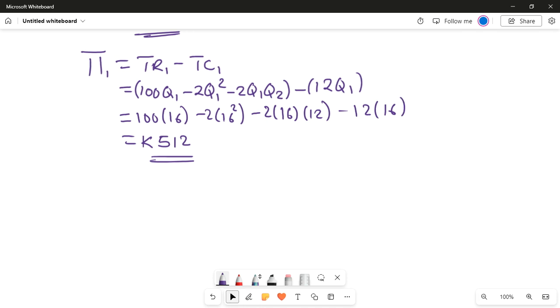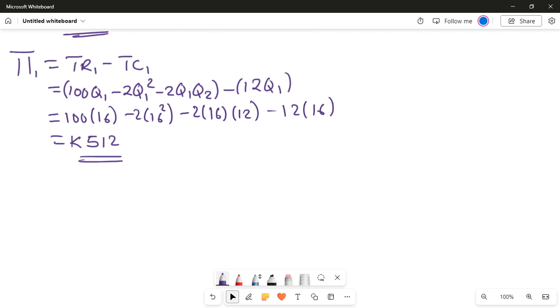Next is to get profit for firm number 2. So profit for firm number 2 is the same thing. It's the total revenue of firm 2 minus total cost of firm 2.